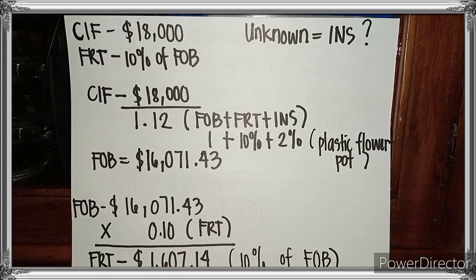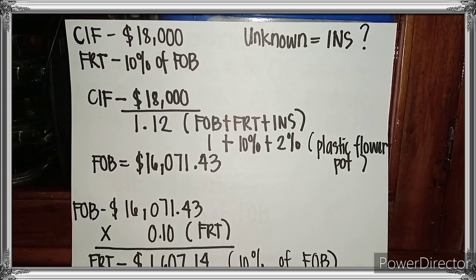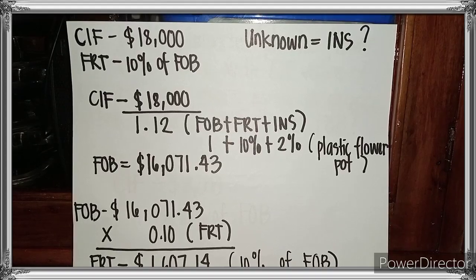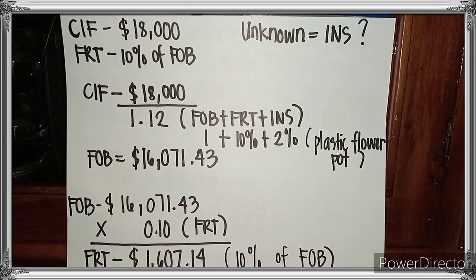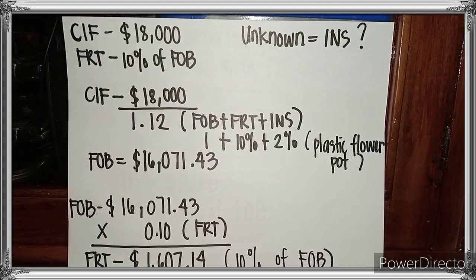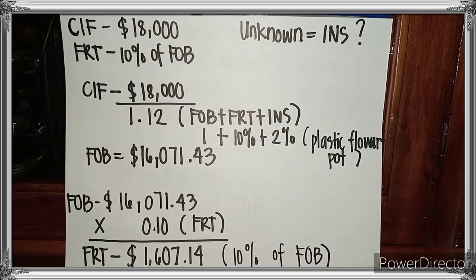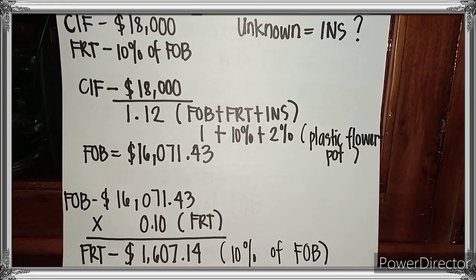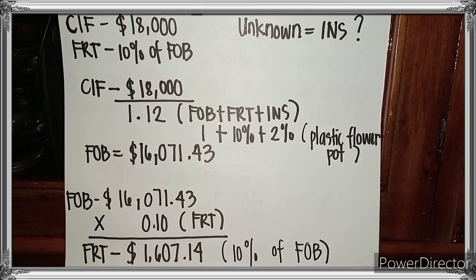In order to have the FOB, we divide $18,000 by 1.12, and we will come up with an FOB of $16,071.43.